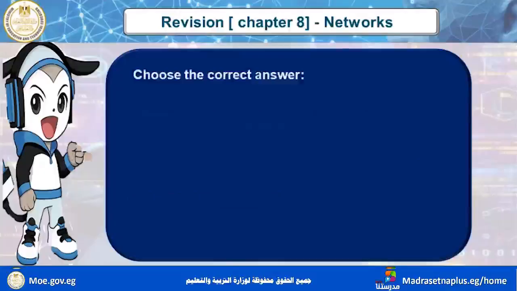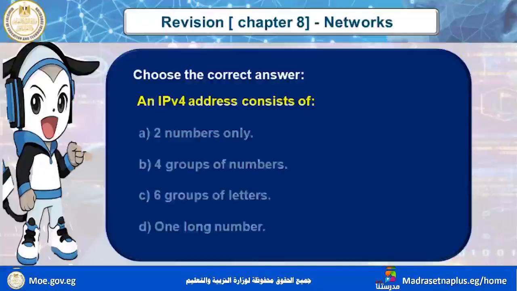Choose the correct answer. An IP version 4 address consists of 2 numbers only, 4 groups of numbers, 6 groups of letters, or 1 long number. Let's remember together. Of course, 4 groups of numbers.